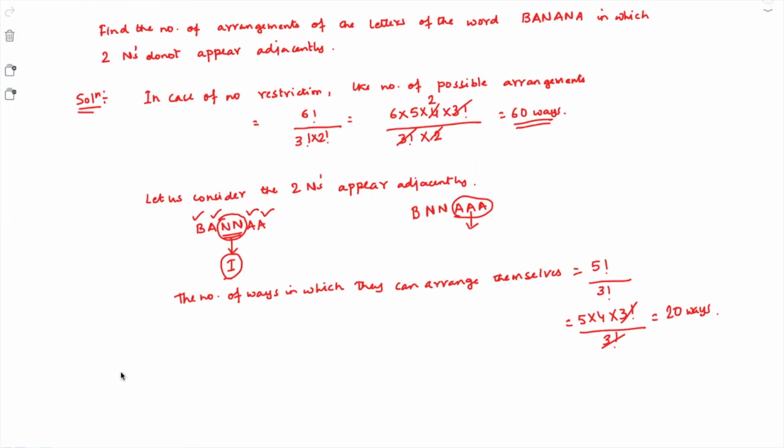So therefore, the number of arrangements where two ends are not adjacent equals total minus the number of words where they were adjacent, which is 40 ways. Total, which was 60, minus the number of ways in which they were adjacent to each other, which is 20. So 60 minus 20, 40 ways.